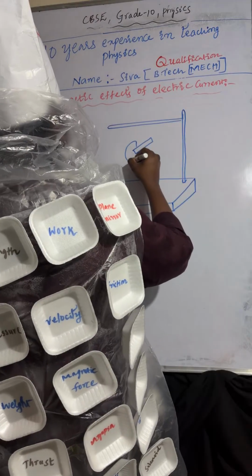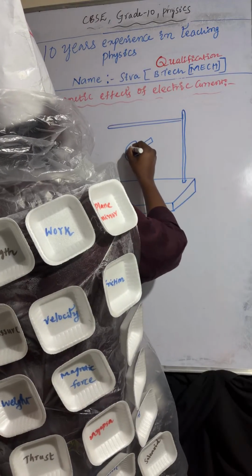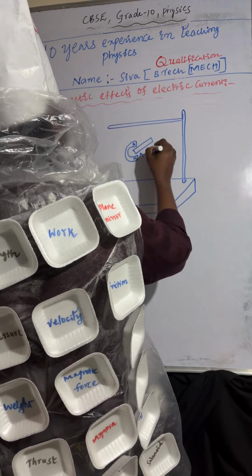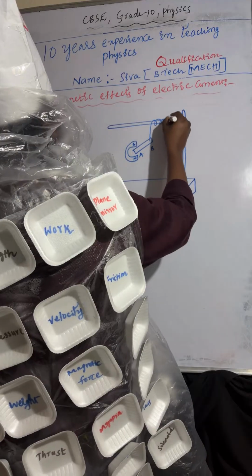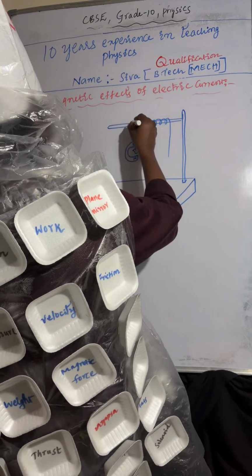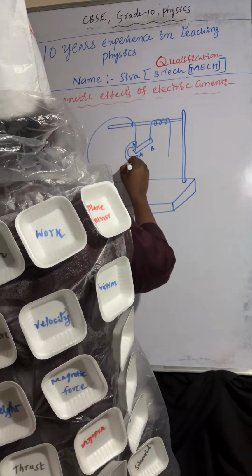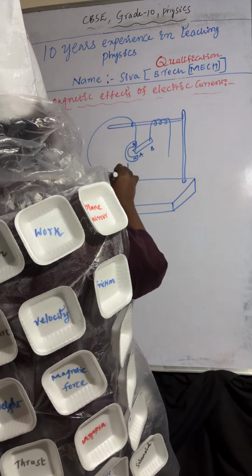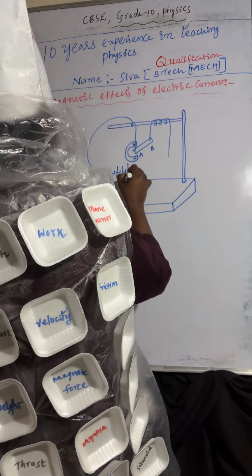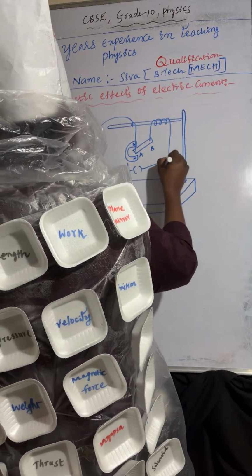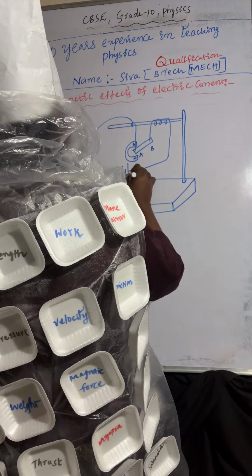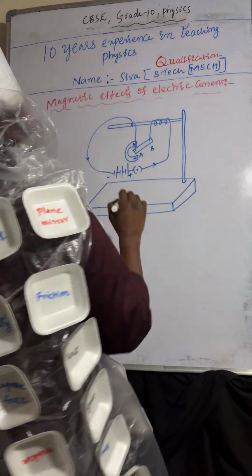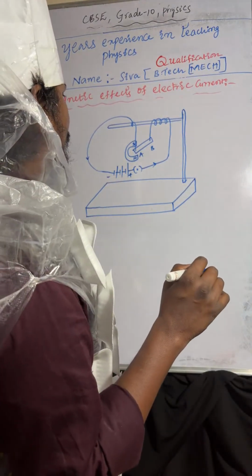Here you can observe this is north and south. Current is passing through AB, and here also current is passing. Positive terminal, negative terminal, and a switch. Understood or not? Current is passing like this.